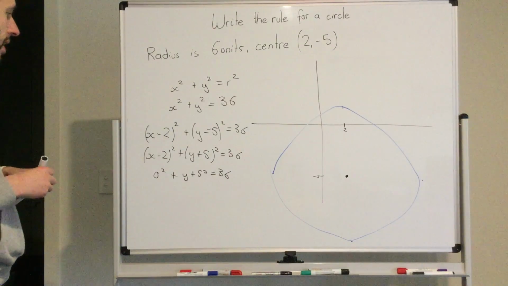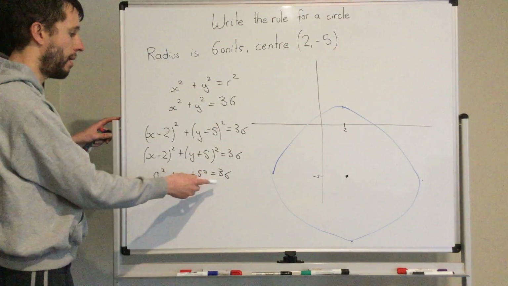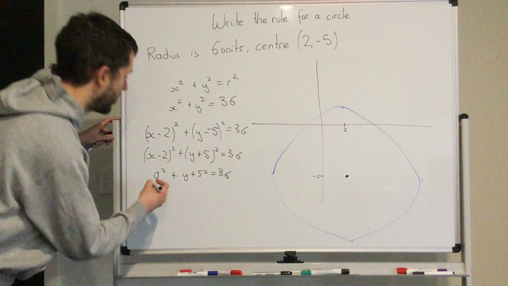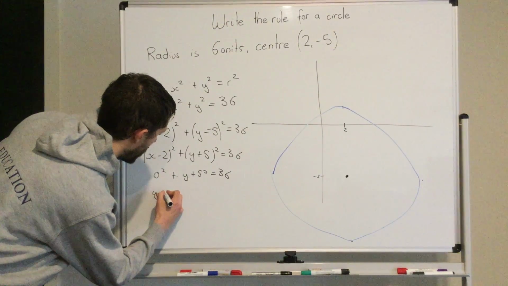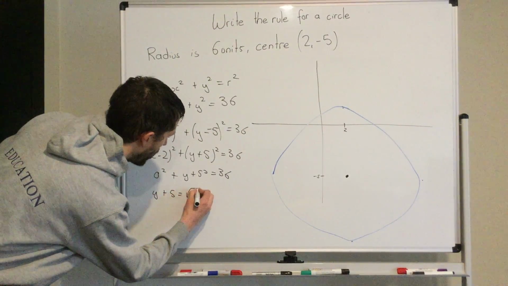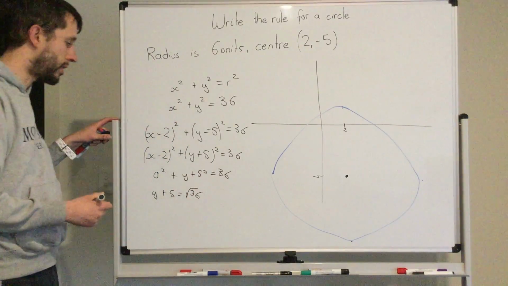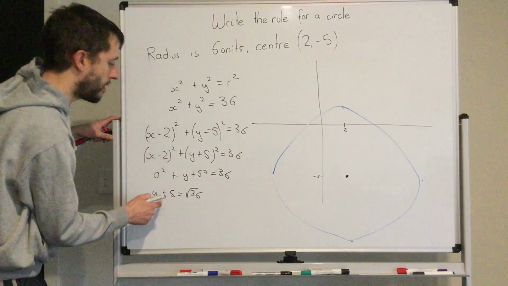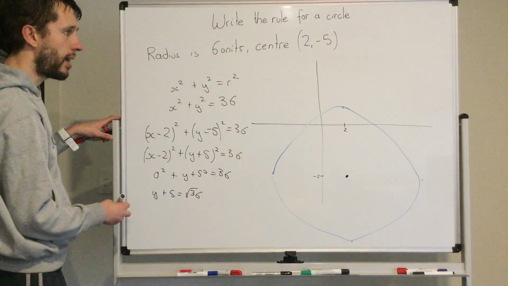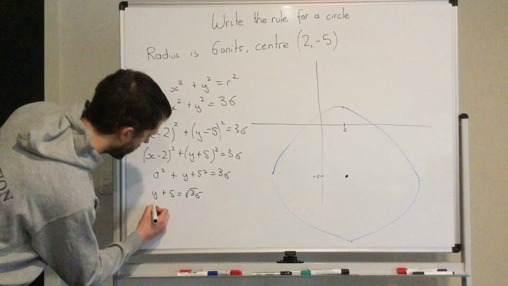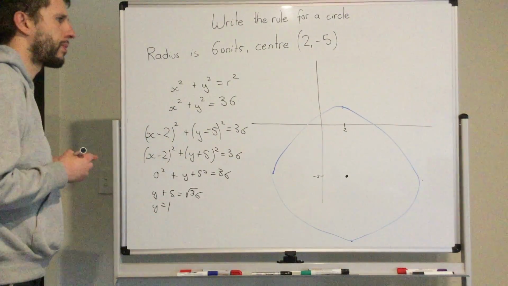Now I can simplify that because I'm going to take the square root over, so it's going to end up being the square root of 36, which equals 6. I take the 5 over to the other side, 6 take 5 equals 1. So y will equal 1.